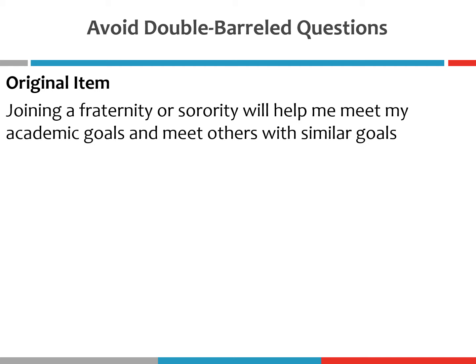So what if they believe that joining a Greek organization will help them meet others with similar goals, but they don't believe joining a Greek organization will help them meet their academic goals? If they have a yes answer to one component of the question and a no answer to the other, how do they accurately convey their response?